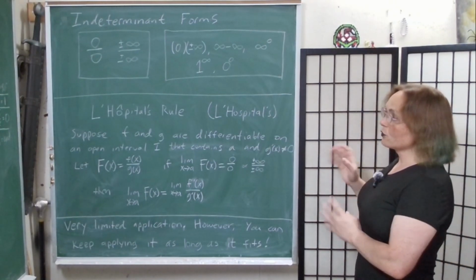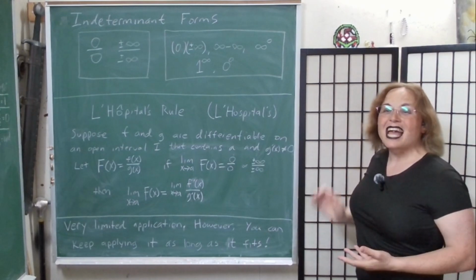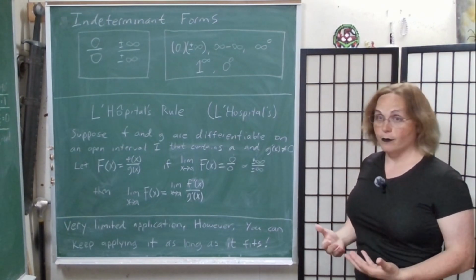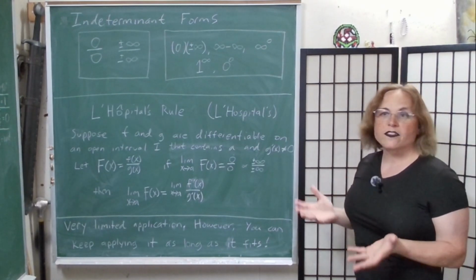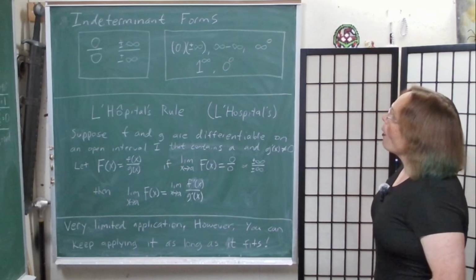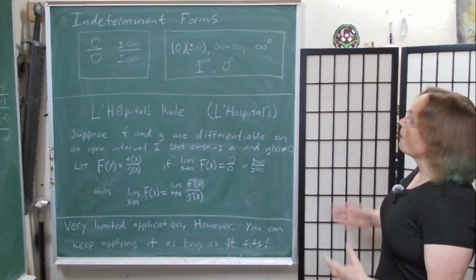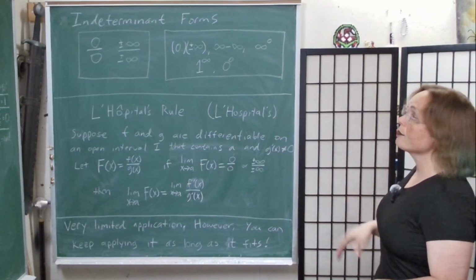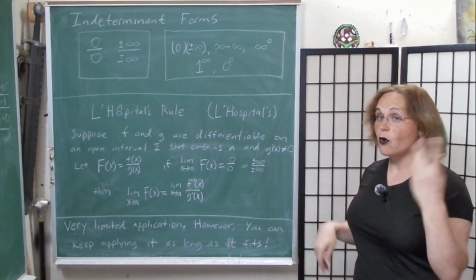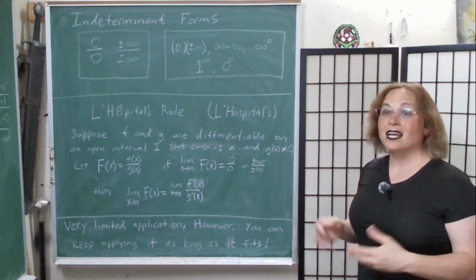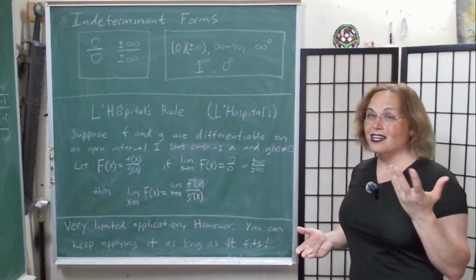Now, before we discuss the rule, we need to address what exactly an indeterminate form is and why they come up. You probably notice that there is a pattern here, and that is that an indeterminate form generally involves either 0 or infinity. That's because 0 is kind of the weirdest number.